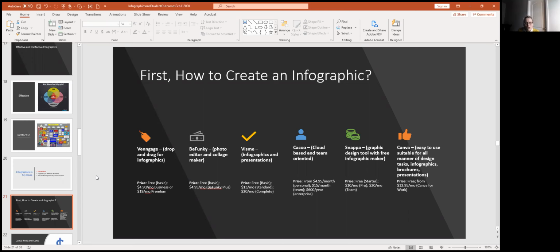But there are many different tools. If you search infographic design tools, there's Venngage, BeFunky, Visme, Piktochart, Snappa, and Canva, just to name a few. There are many, many options, right? So one of the factors for me was, of course, is it interesting? Will it create that quality infographic that I talked about earlier that has design, story, shareability, and data?